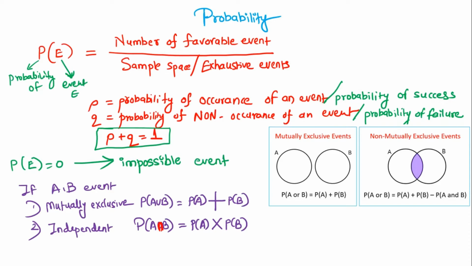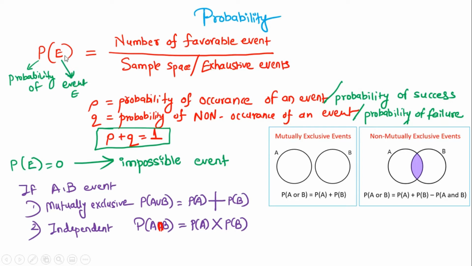The formula for probability is denoted by P of E, where P stands for probability of event, which is equal to the number of favorable events divided by the sample space. Now if we try to represent this in terms of some formula, we can say this probability is the success probability for that particular event. What are the chances you are getting?